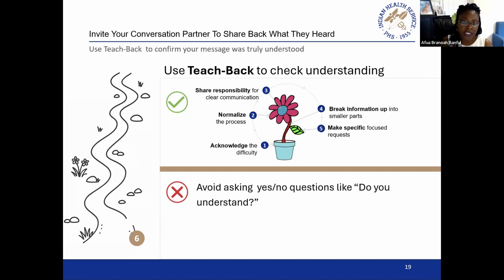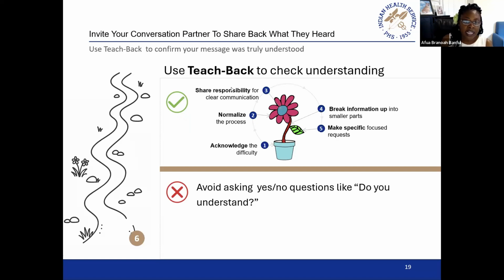We've done a lot about this in the teach back session, and there's also a recording of it, but I just wanted to highlight teach back is not about asking questions like, do you understand? That is not going to meet the goal because it's too broad, it's not specific, and people may feel compelled to just say yes because they don't want to offend you, right?